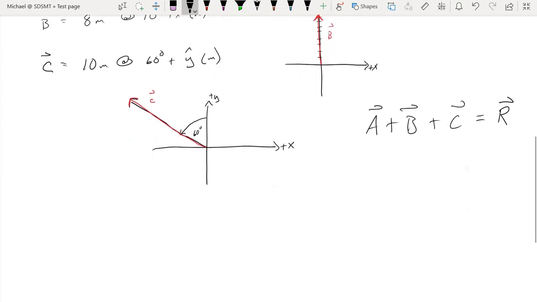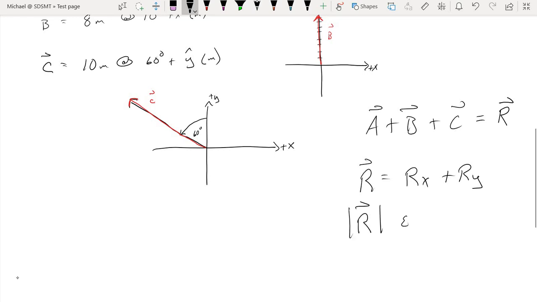What I want to know, first of all, are the x and y components of that resultant vector, and then once we know those, I want the magnitude and angle for that resultant vector.